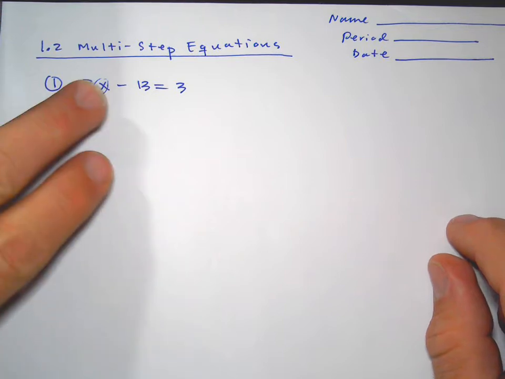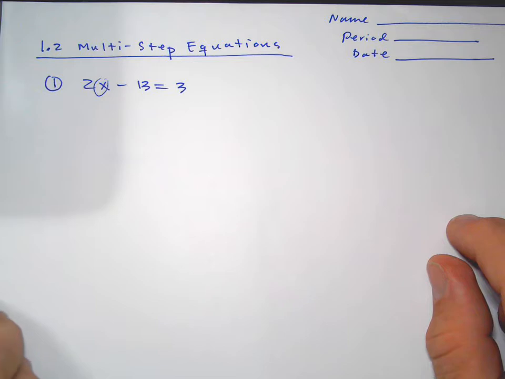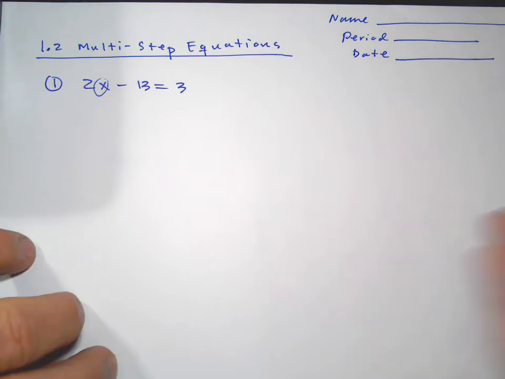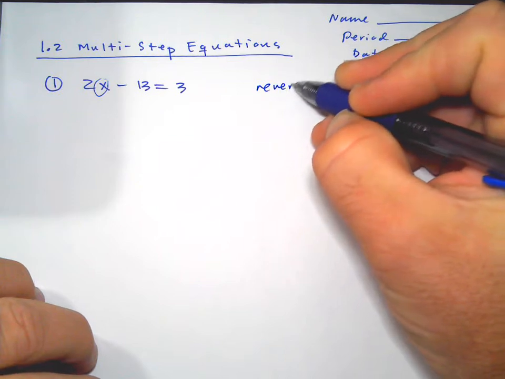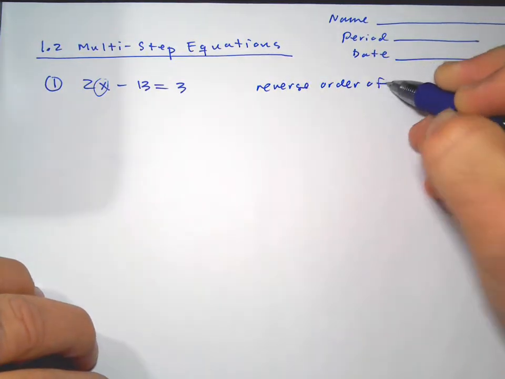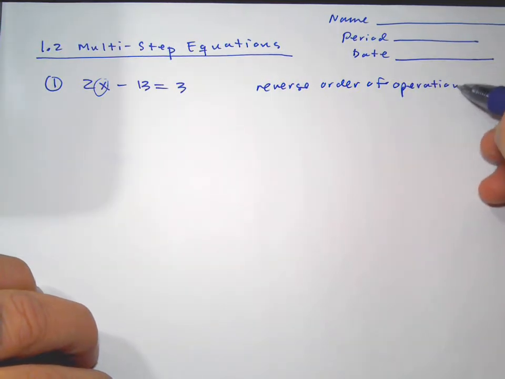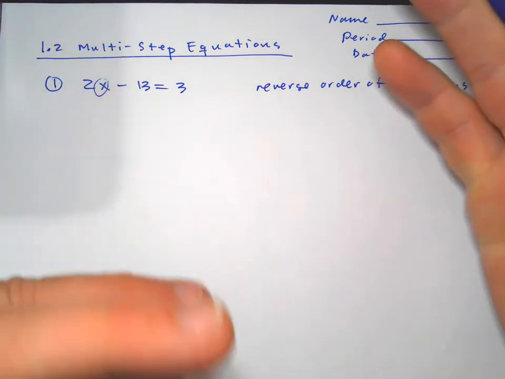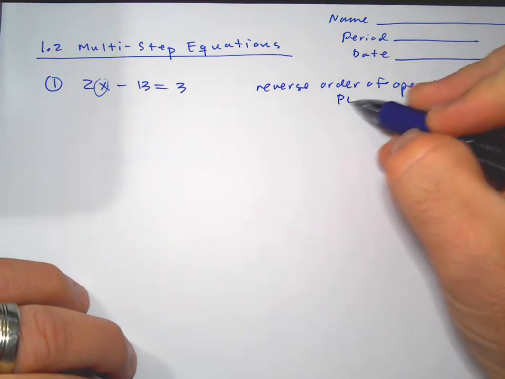Now, do we undo the 2 times first or the minus 13? It is possible you could do one or the other, but for sure the easiest way to do is to do reverse order of operations. Order of operations tells you how you should do math in order to simplify something, PEMDAS.